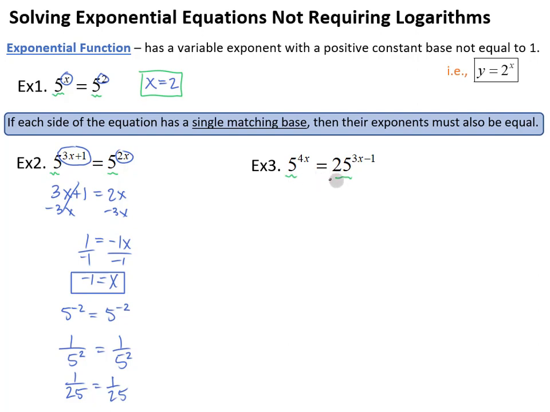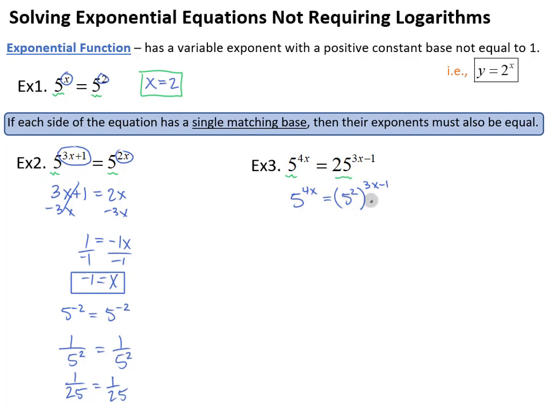If I can rewrite these as a power of a smaller number, 25 we're going to write as 5 squared. So if I rewrote 25 as 5 squared, we're going to keep the 3x minus 1 outside our parentheses here, and this side stays the same, 5 to the 4x.